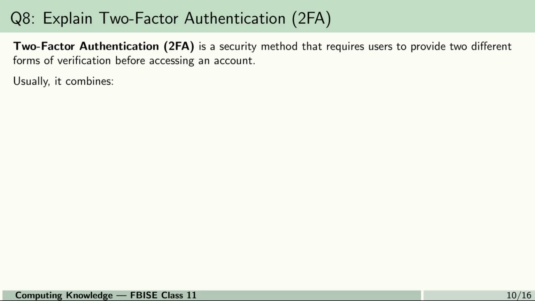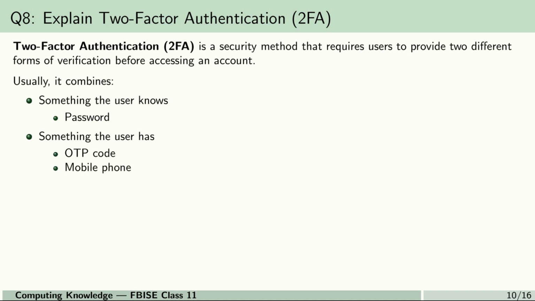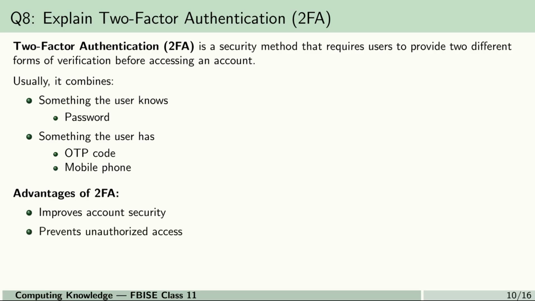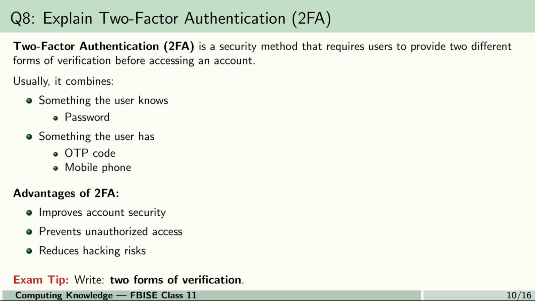Usually it combines something the user knows, like a password, and something the user has, like an OTP code or mobile phone. Advantages of 2FA: improves account security, prevents unauthorized access, reduces hacking risk. Exam tip: write two forms of verification.